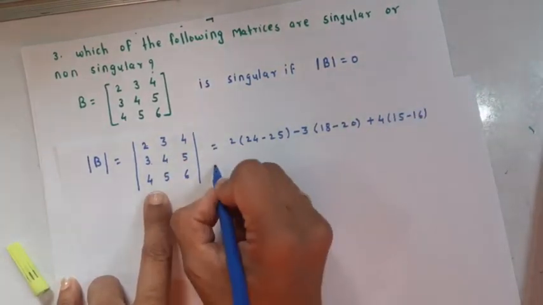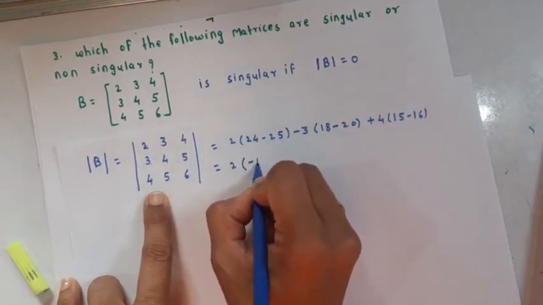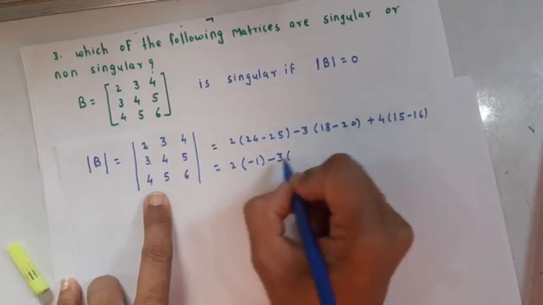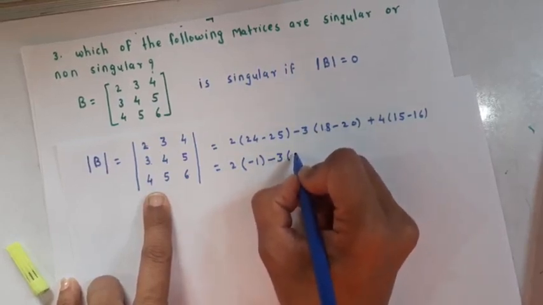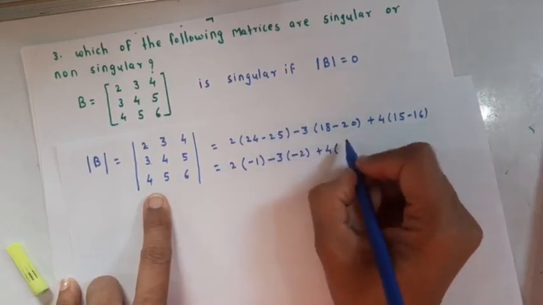That is 2 into minus 1, minus 3 into minus 2, plus 4 into minus 1.